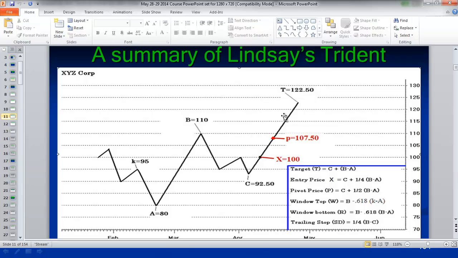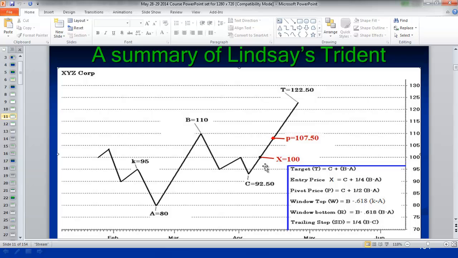I don't use Lindsay straightforwardly because this X that represents his entry point is an absolute disaster. You're just looking for trouble if you do what he says. But you'll see how we make exceptions and how we essentially take Lindsay's primary weakness and convert it into a strength.